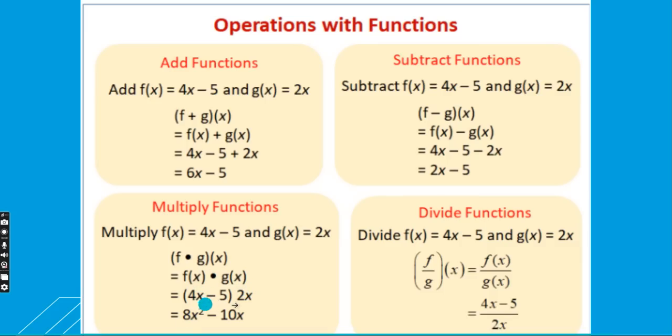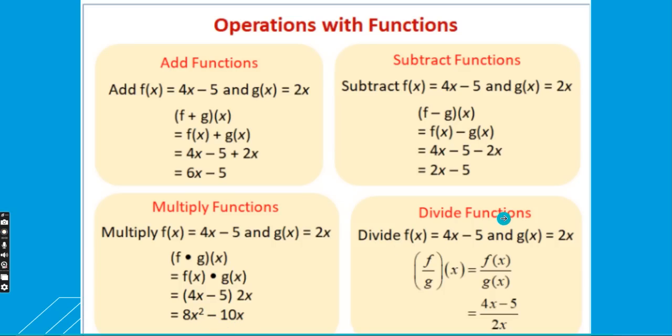And then, pareho silang x. May exponent sila na 1. And then, may 1 din doon. Kaya 1 plus 1 magiging 2. Next, 2x multiply to negative 5. Since this is negative, negative na agad yon. 5 times 2 is equal to 10. And then, you just put x. So, f times g of x is equal to 8x squared minus 10x.